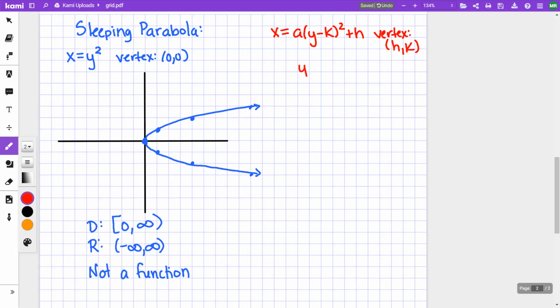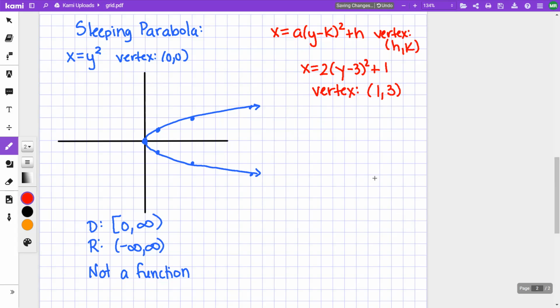So let's say we're going to graph x equals 2 times the quantity y minus 3 squared plus 1. So our vertex is going to be at 1 comma 3.